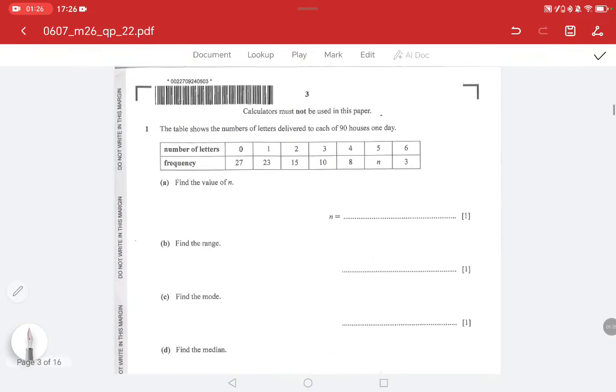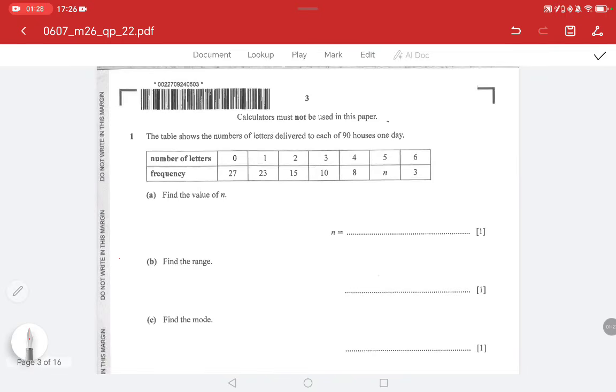Question number one. The table shows the number of letters delivered to each of 90 houses one day, with the number of letters and the frequency of each. Find the value of n. You can find it by the sum of the frequencies, which should equal 90, the total number.